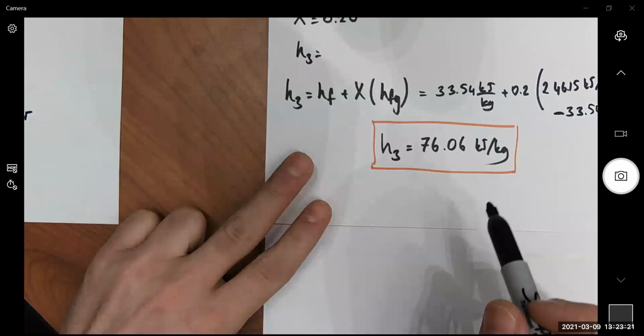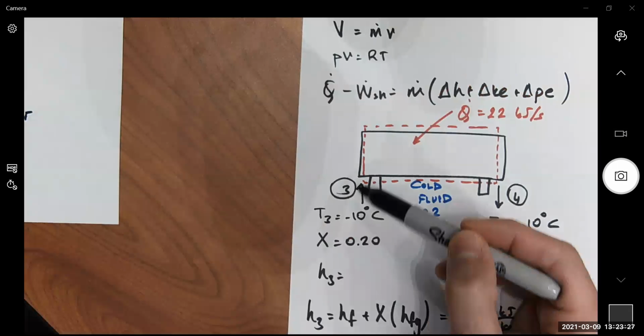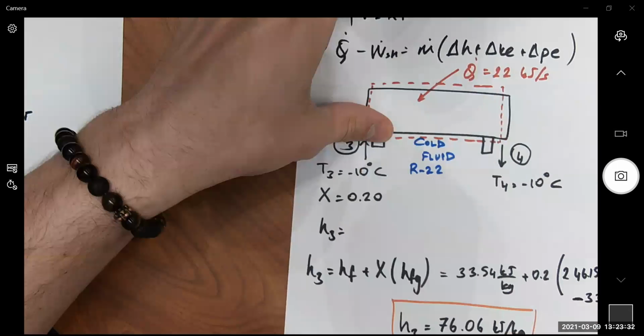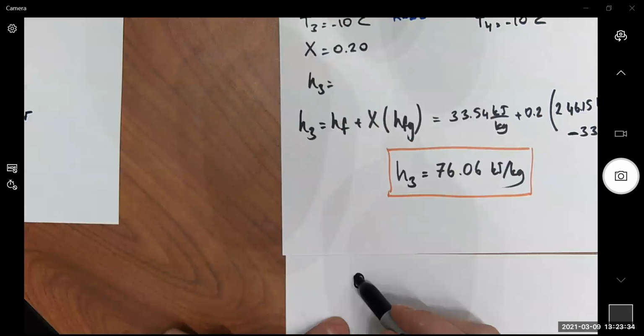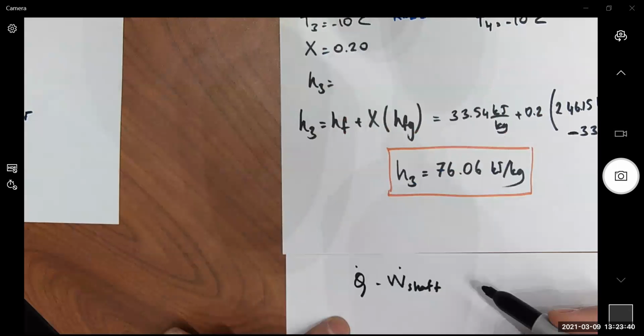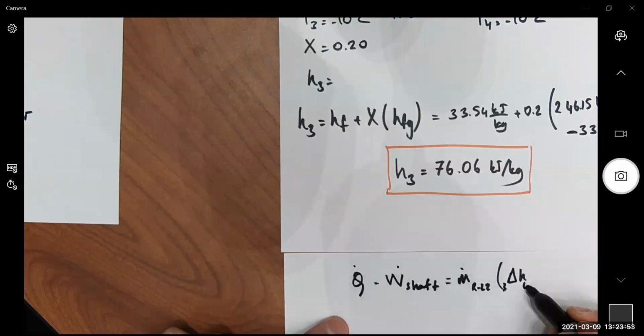Now I can write my first law equation for inlet and outlet because I know almost everything except the flow rate. Q minus work shaft equals mass flow rate for refrigerant 22 times the enthalpy difference from 3 to 4, plus the kinetic energy difference, 3 to 4, and the potential energy difference, 3 to 4.